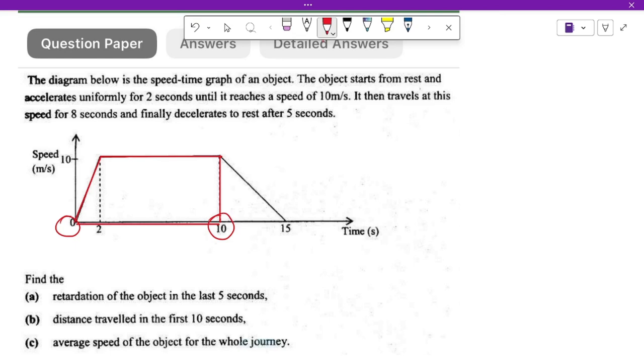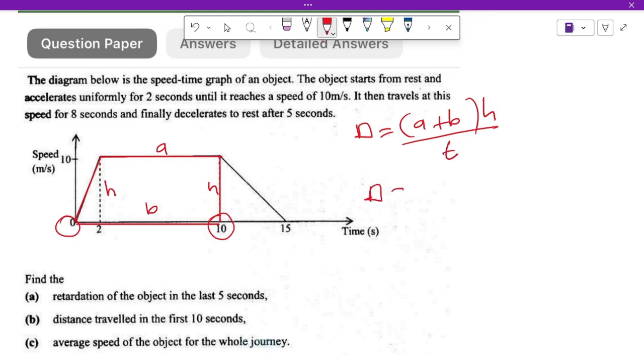What shape is this one? It is a trapezium. Okay, meaning you have your A on top here, you have your B down here, and then this is your height, and this is also your height. So we say distance is equal to A plus B height, everything over time.